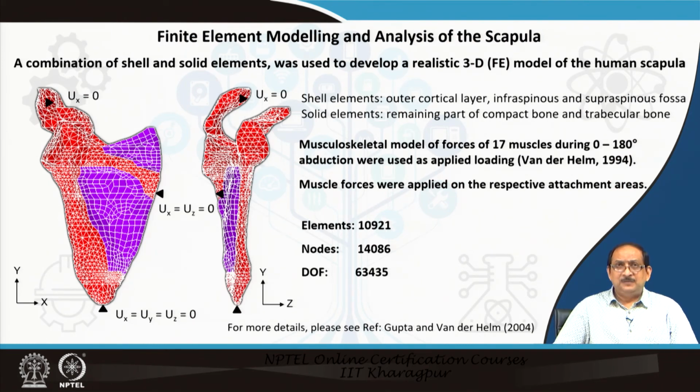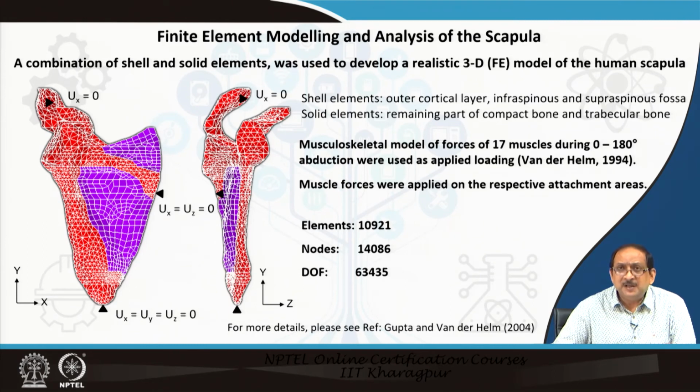Now, we have developed this finite element model of the scapula based on the CT scan data of a scapula. The scapula represents a sandwich structure since it has an inner core of cancellous bone covered by an outer layer of cortical bone.